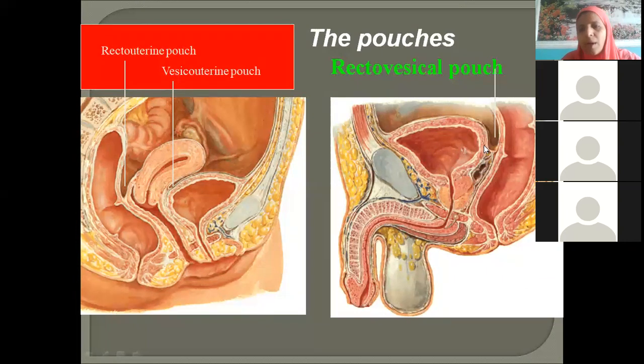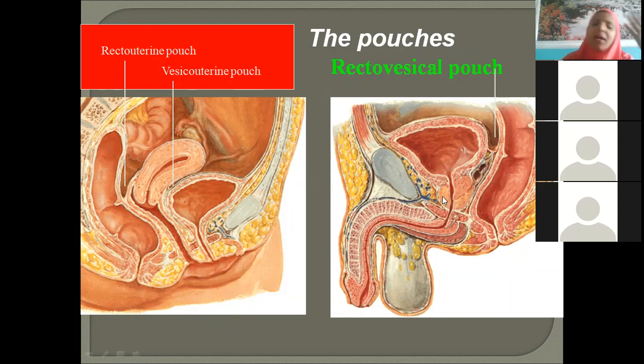Rectovesical pouch. Chavi, can you tell me the name of these visceral organs? What is the name of this structure? Okay, Lokesh, what is the name of this structure? What is this bag? Prostate.